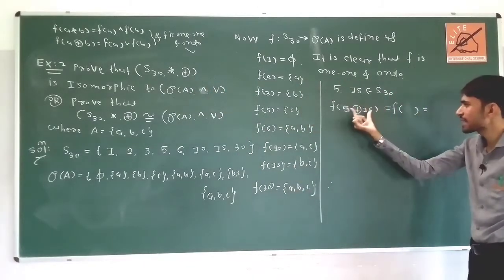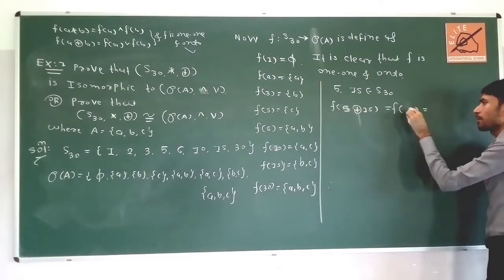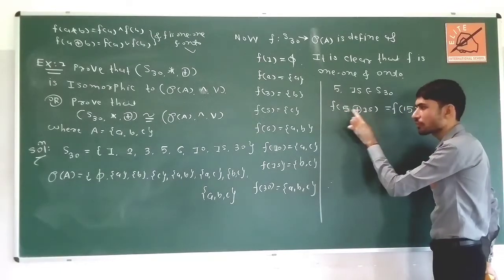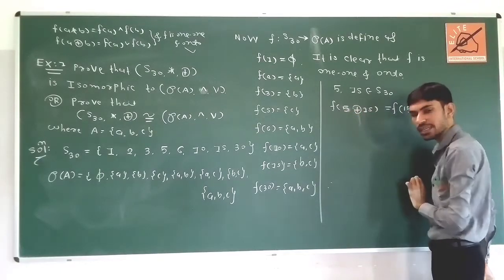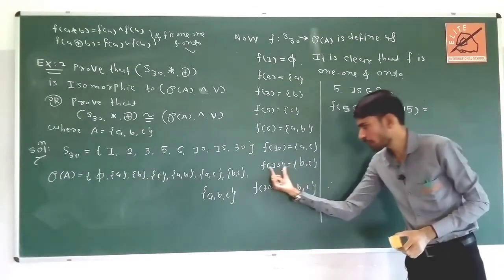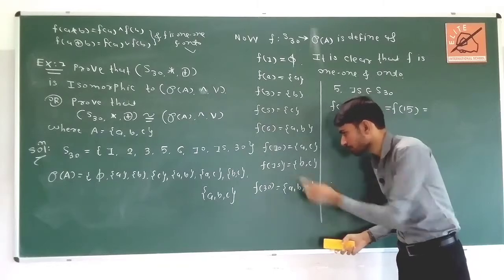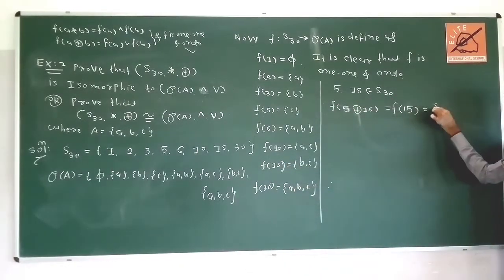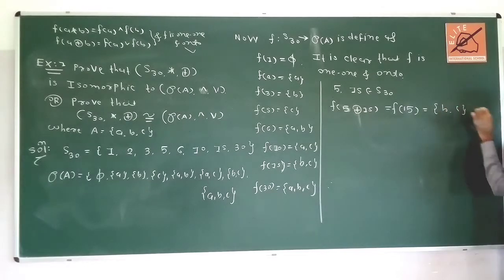So now we find the LCM of 5 and 15, અને 5 અને 15 નું LCM થશે 15. Here 5 divides 15, so 5 is the GCD and 15 is the LCM. What is the image of f of 15? મિત્રો f of 15 બરાબર કોણ મળે છે આપણને. Here we define f of 15 is equal to set BC.